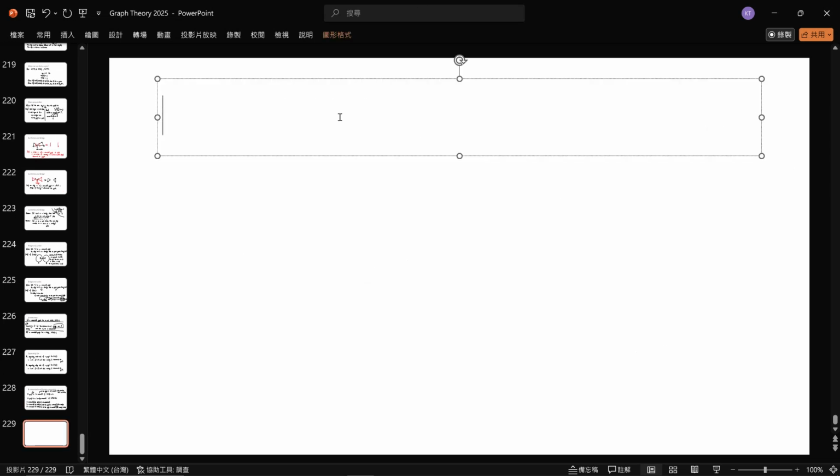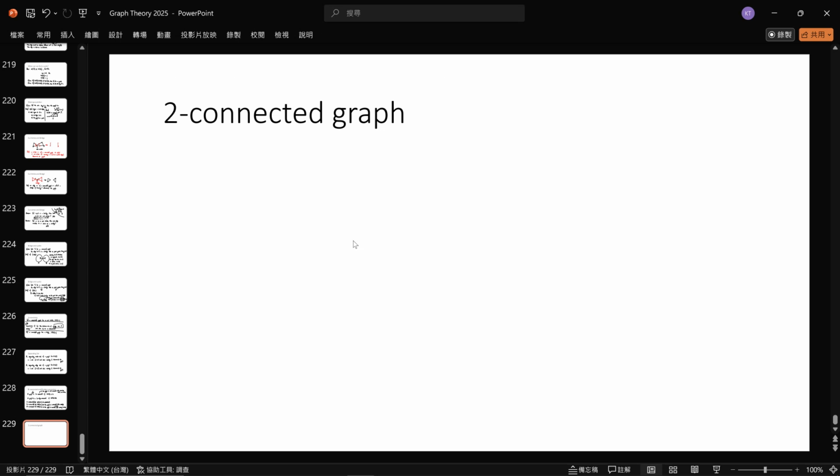Can you give me a graph that is 2-connected? Yeah, like a cycle, okay? So this is 2-connected.